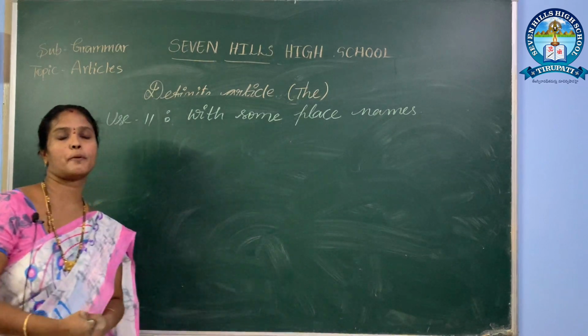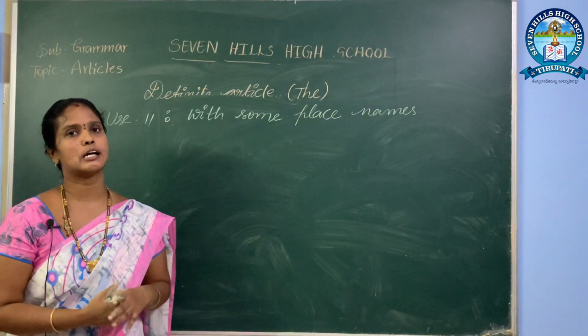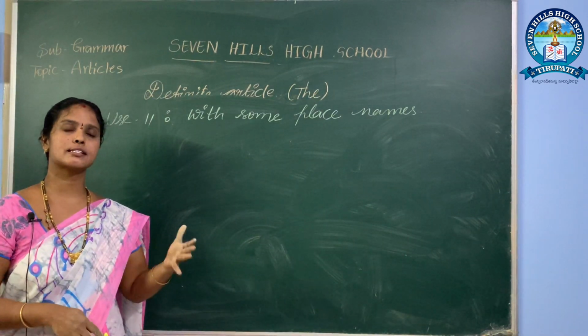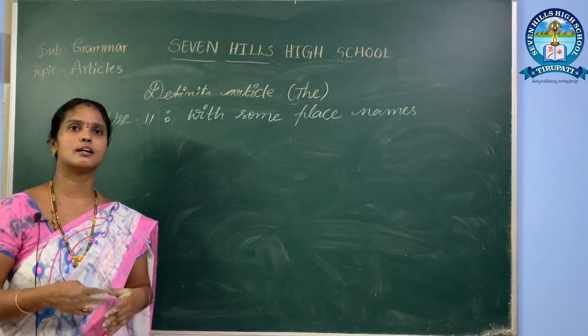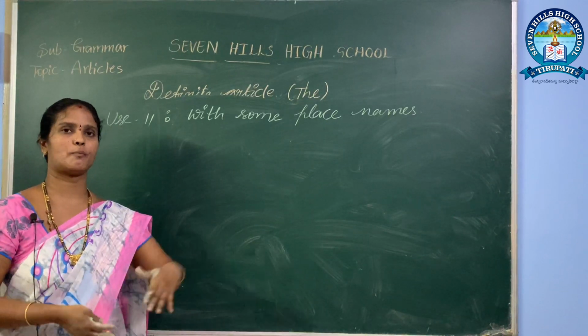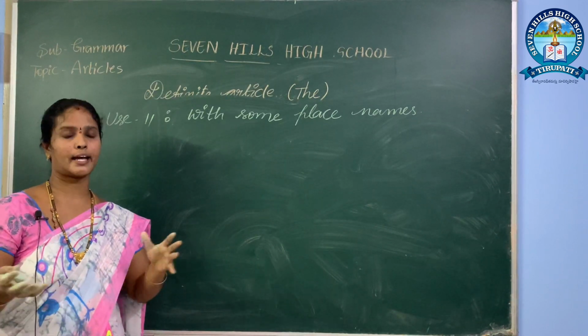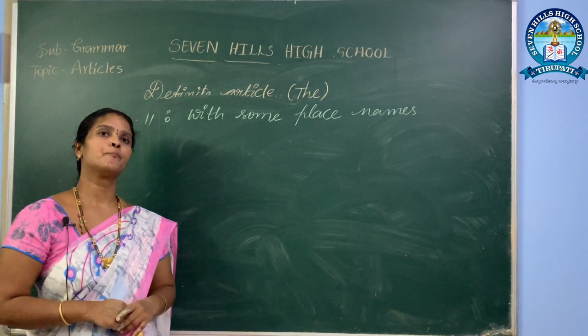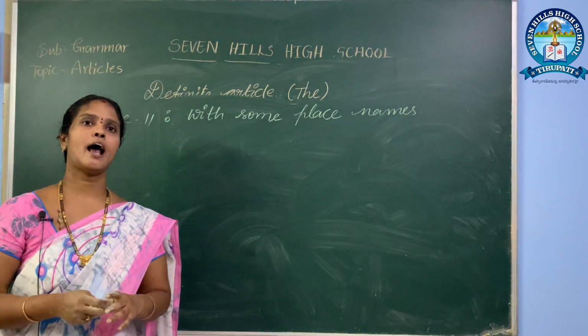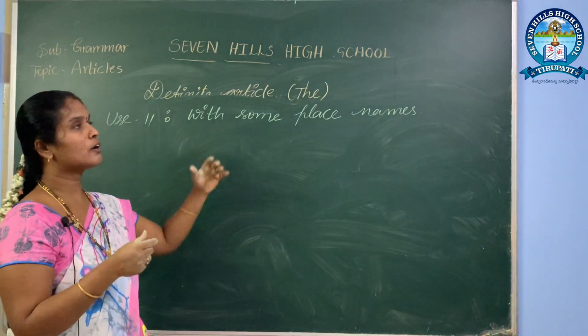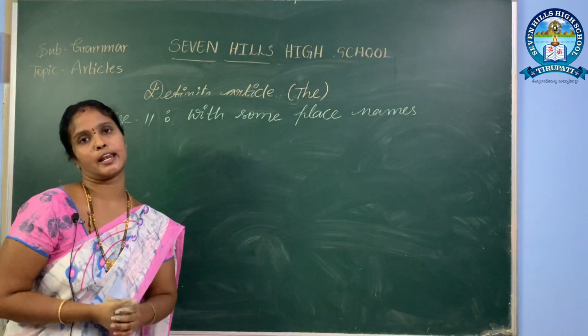Actually, before a proper noun, we don't use article. That we discussed before. We cannot use a Delhi, a Hyderabad, a Tirupati like this, or like a Rama or Sita like this. We can't discuss. But some places have the definite article the as a part of their name.